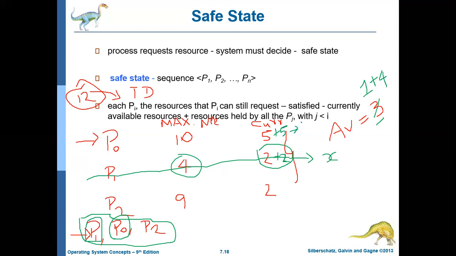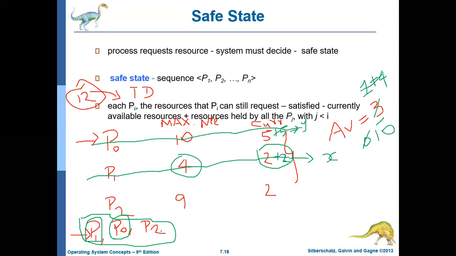Once you allocate all 5 to P0, the available resources are 0. P0 will use all 10 tape drives, and after Y amount of time it completes and releases all 10 tape drives. Now the available tape drives are 10.